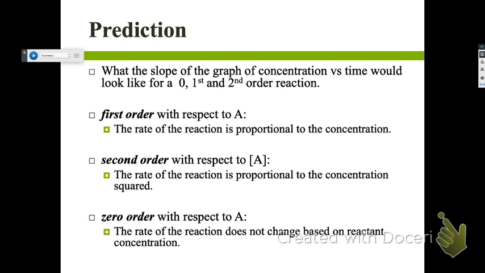Whenever you have a reactant that's being consumed, what is the slope of that graph? Always going to be negative. You're always having less and less reactant. We'll talk in a minute about positive versus negative slope, which is related to manipulated versions of concentration versus time. But for just concentration versus time, you need to be logical about it. If we're using it up over time, there's going to be less and less there, which is a negative slope.